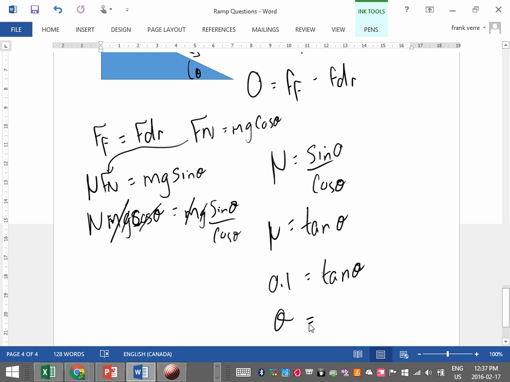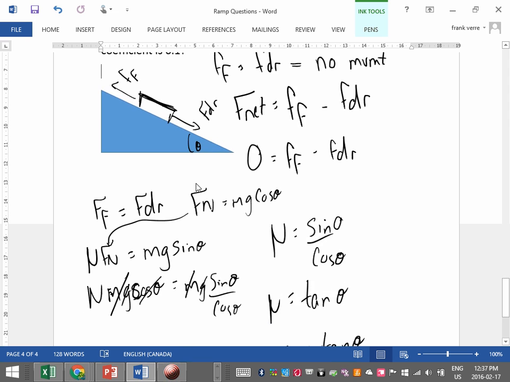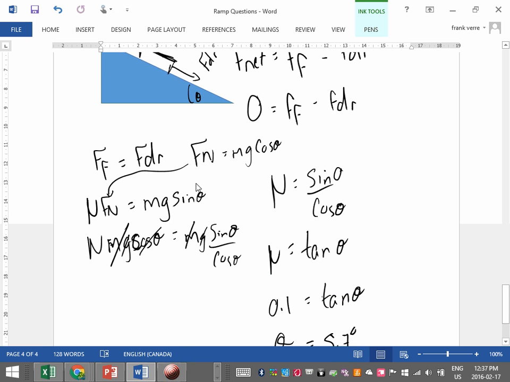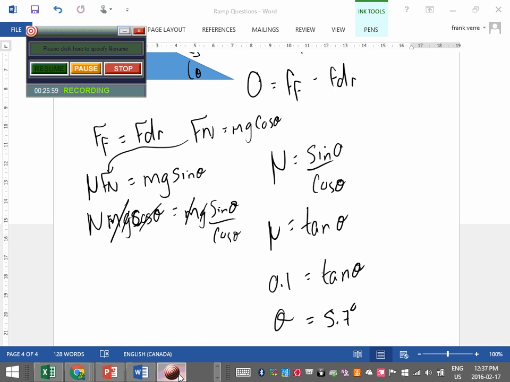What will theta be? 5.7? So it'll be 5.7 degrees. Which means we could elevate this ramp to 5.7 degrees and it won't slide. Anything more than 5.7, then FDR is greater than FF. What happens? That's a slide. Okay? The end.